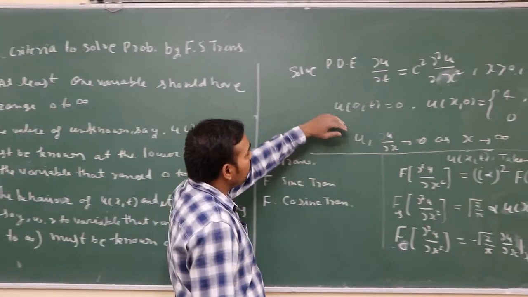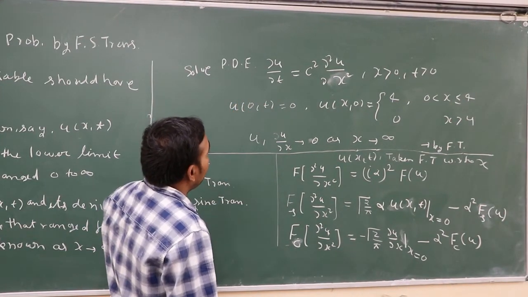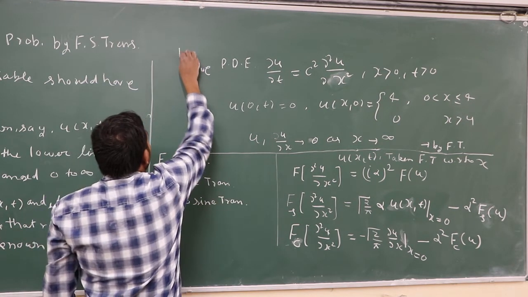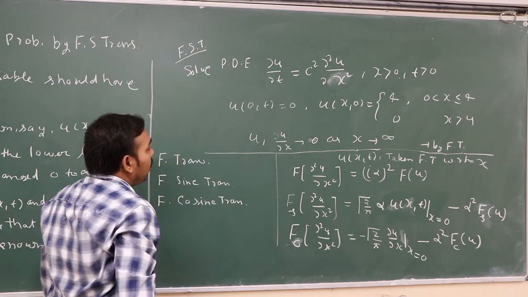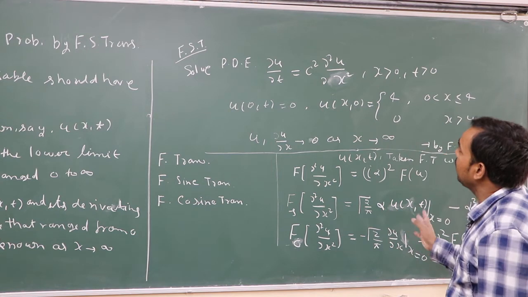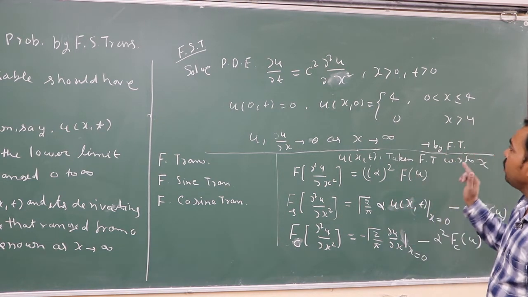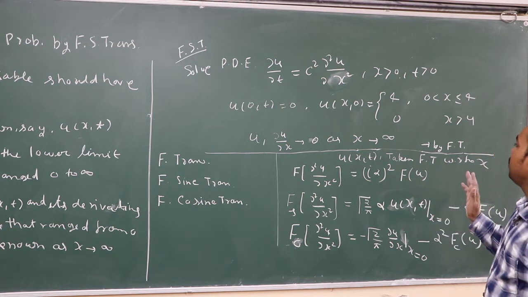Suppose we want to solve this problem by Fourier sine transform. First, does any one variable, t or x, range from 0 to infinity?